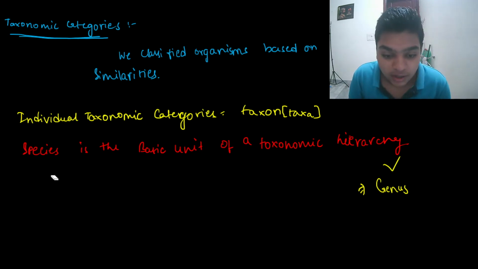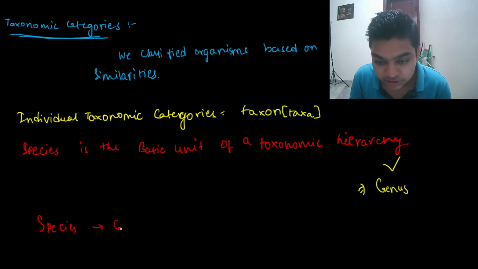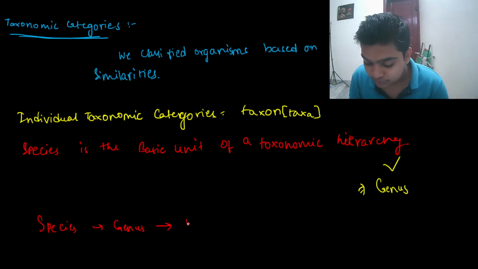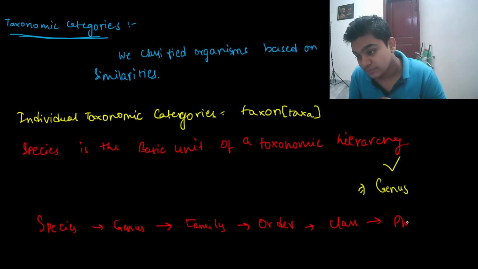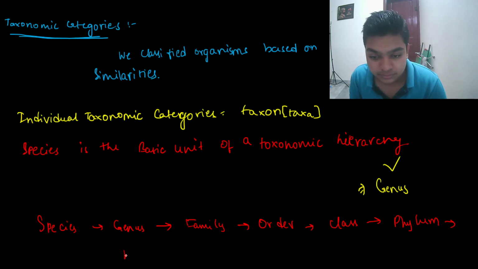So while we are moving from bottom to top, from species to genus, from genus to family, from family to order, order to class, class to phylum, phylum to kingdom, kingdom to domain.